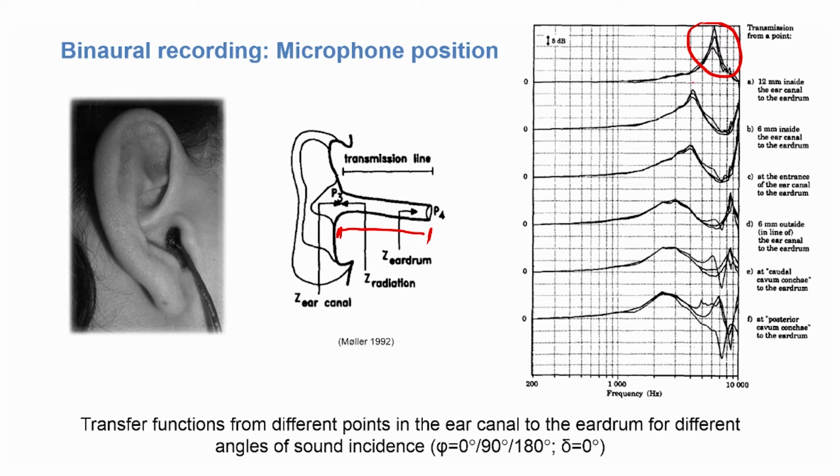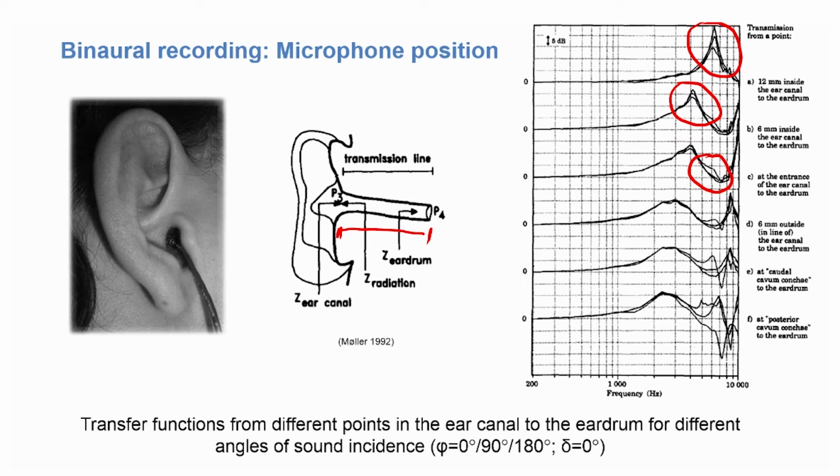The same applies to a position 6 millimeters inside the ear canal. At the entrance of the ear canal, differences start to appear above 5 kHz, which get bigger the more you leave the ear canal.